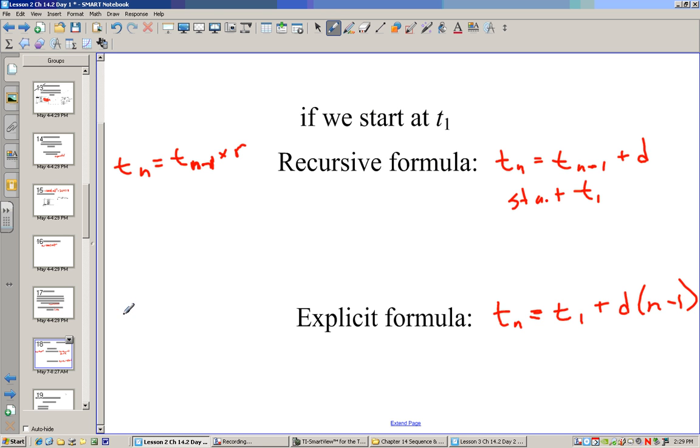And for our explicit formula for geometric, we're going to take t sub n equals our starting point times our common ratio to the n minus 1 power.